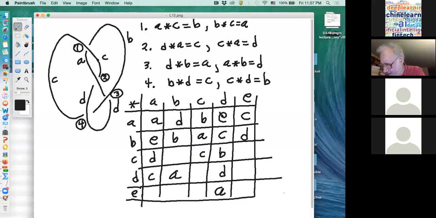What else do we have here? What about this one? It can't be A, it can't be D, and it can't be C, and it can't be B. A, B, C, D. So again, it has to be E, forced to be E. But now A, D, E, C, so this has to be B. What about this one here?